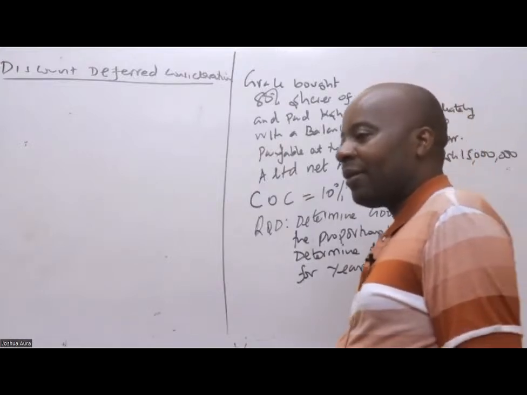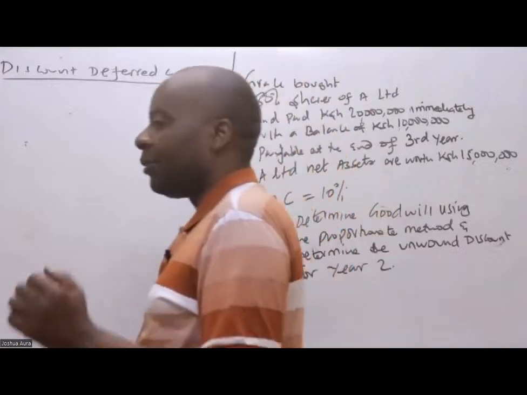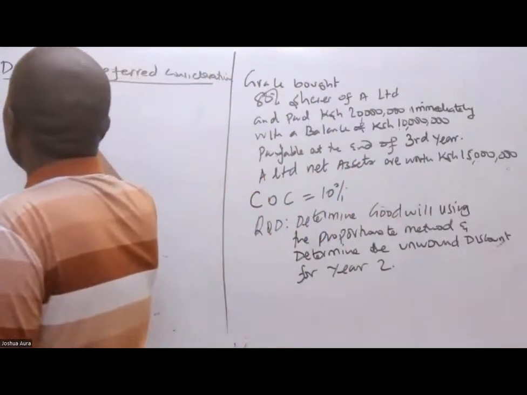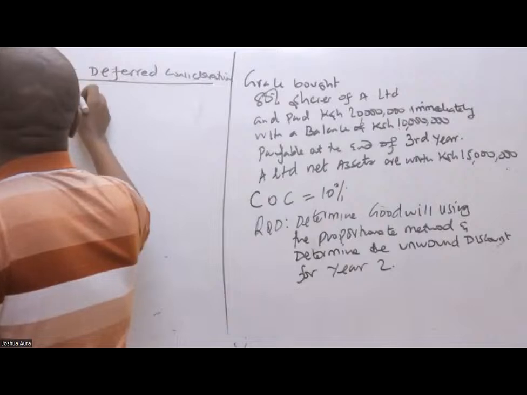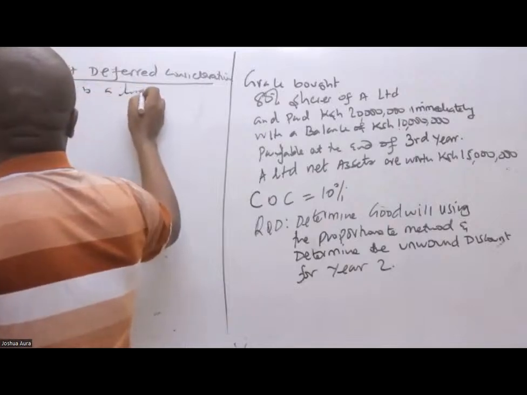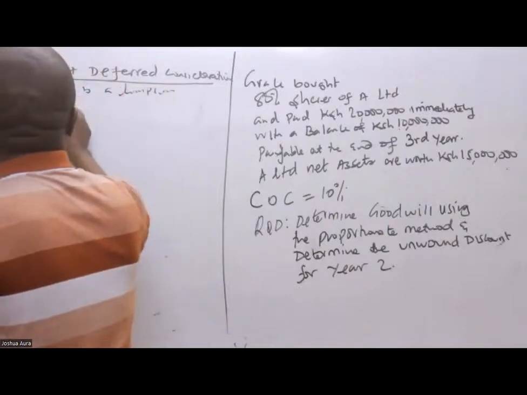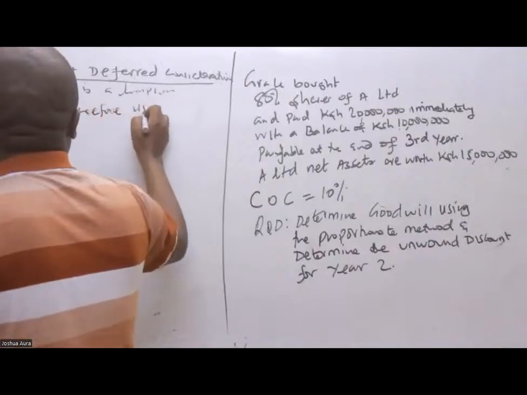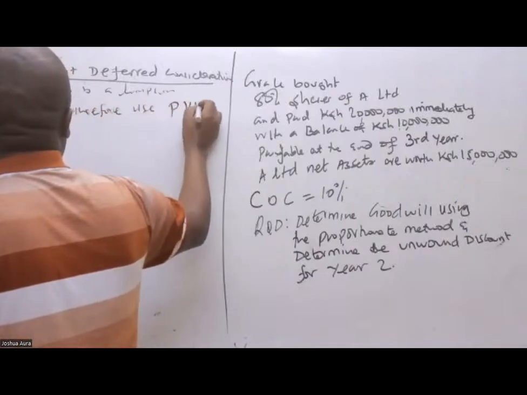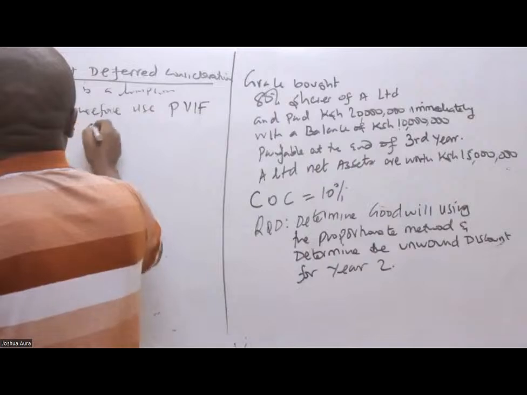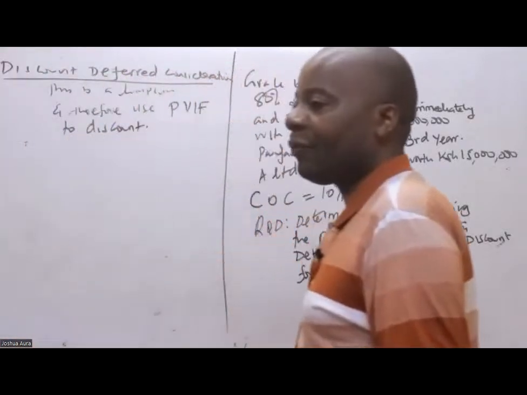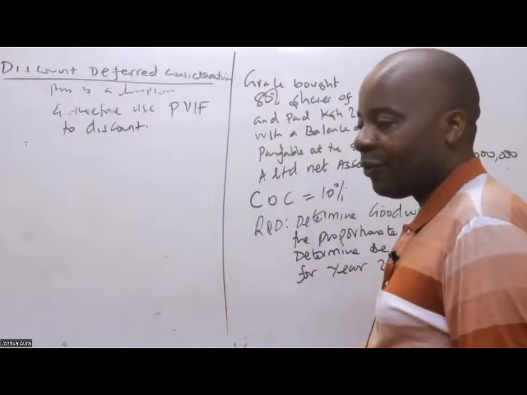If it's a lump sum, one-off amount, it will be categorized under what we call irregular, and therefore we use PVIF to discount.